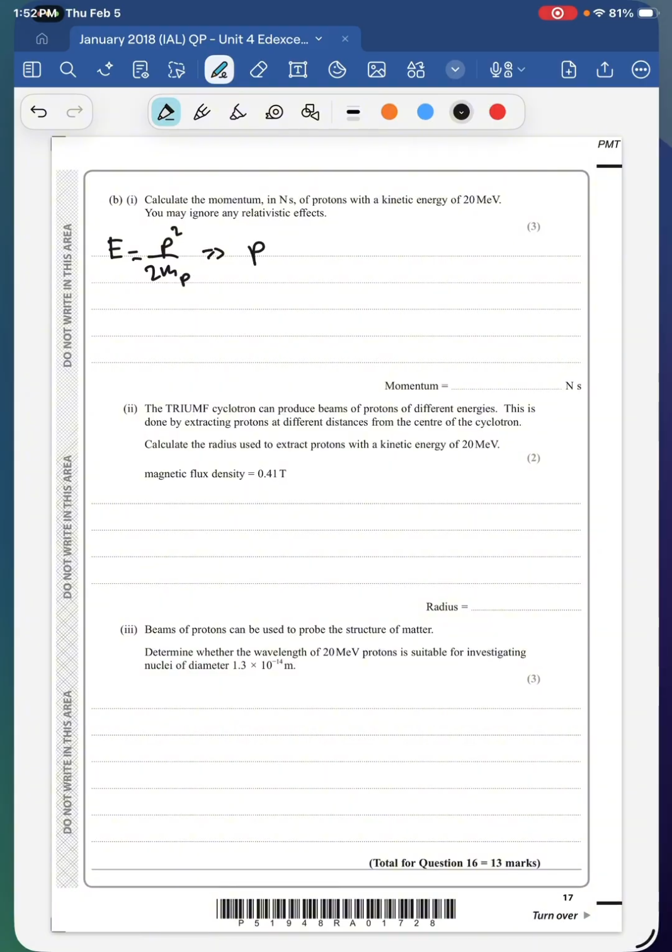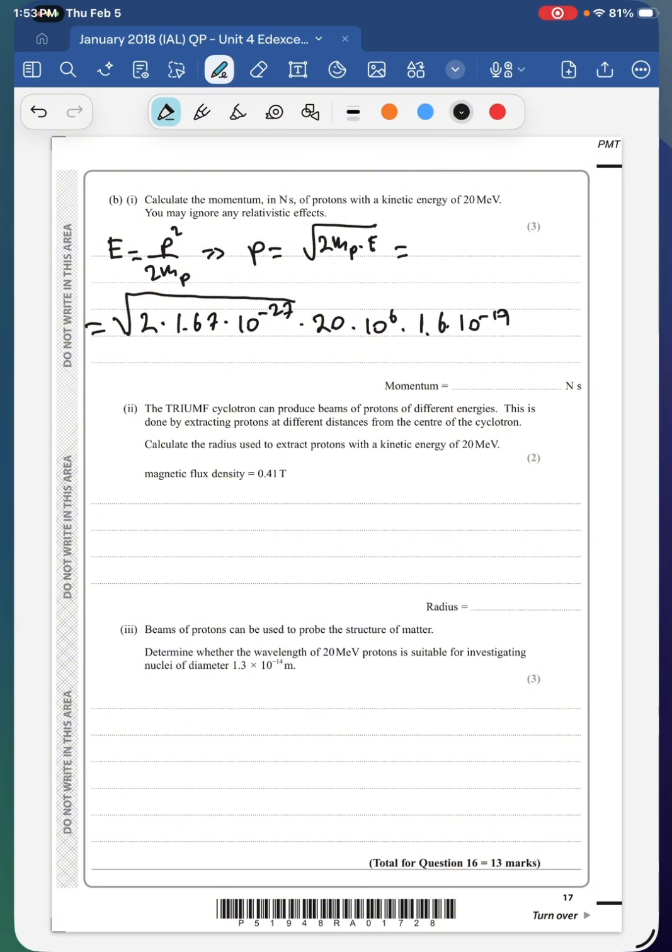We can solve for p. p is the square root of 2 times the mass of a proton times its energy. So that's equal to the square root of 2 times 1.67 times 10 to the negative 27 times 20 MeV, where 1 MeV is 10 to the 6 eV, and 1 eV is 1.6 times 10 to the negative 19.